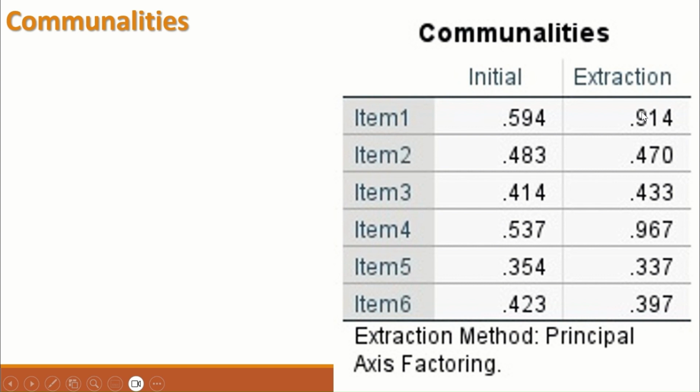For item 1, the communality is very high, 0.91, and for item 2 it's 0.47, item 3 is 0.43, item 4 is 0.96, items 5 and 6 are 0.3, and so on. So there is no communality less than 0.3.